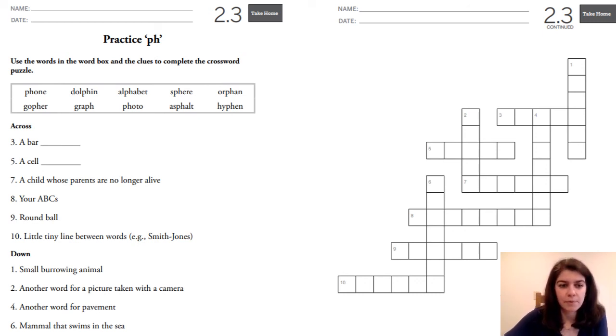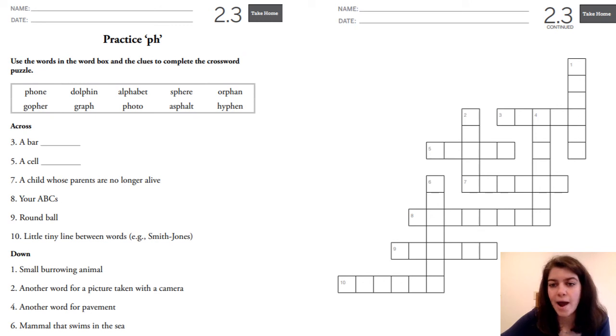So for example, number 3, it says a bar. I'm going to look at all of these words and see which one makes sense in that blank. A bar dolphin? No. A bar alphabet? No. A bar graph? I've heard of a bar graph. Let's look at our crossword puzzle and see if that's the right number of letters. So it says that's 3 across.